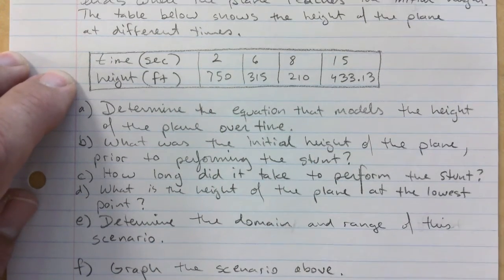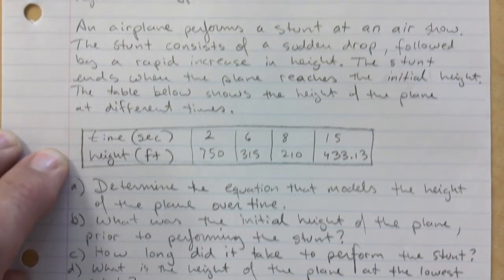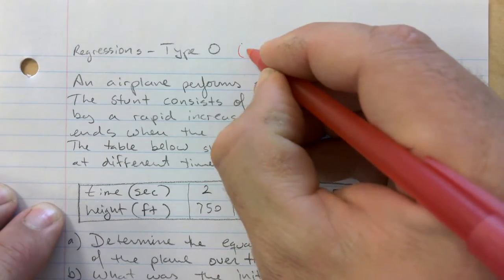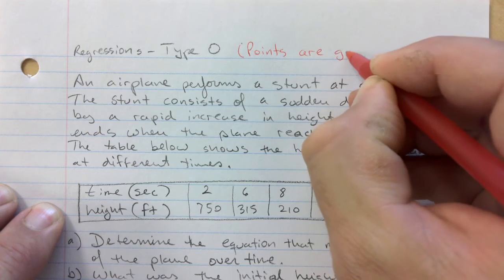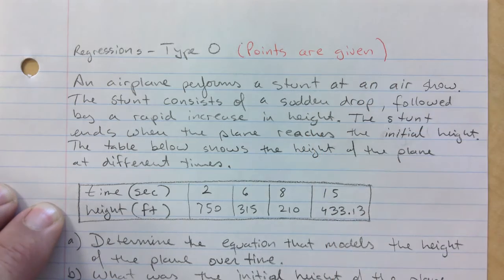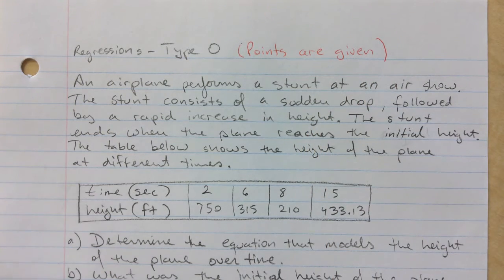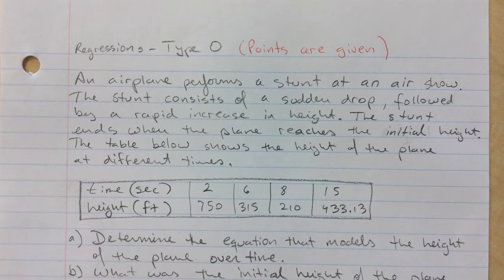So I'm going to go slightly to the top and just say points are provided. Points are given. That's how you want to know type 0. Points are given to you, they're there, no need to come up with them.